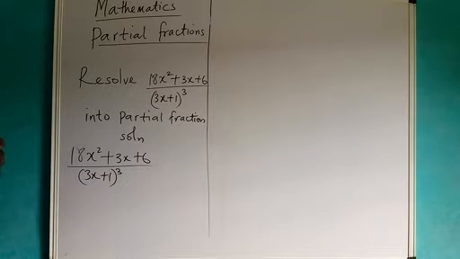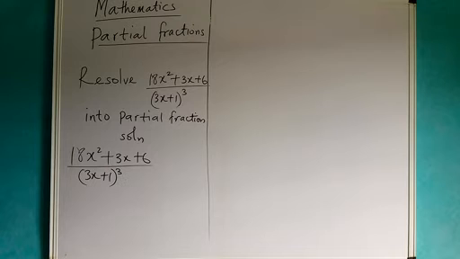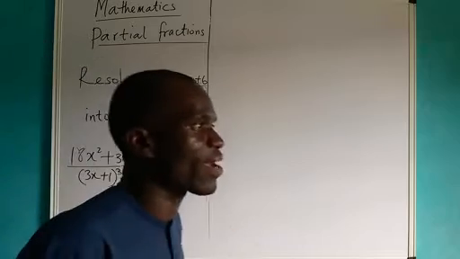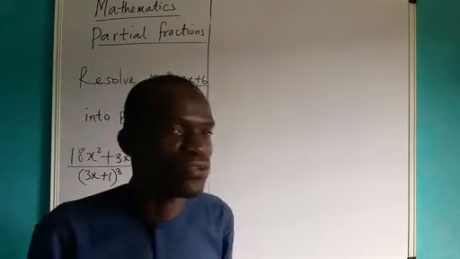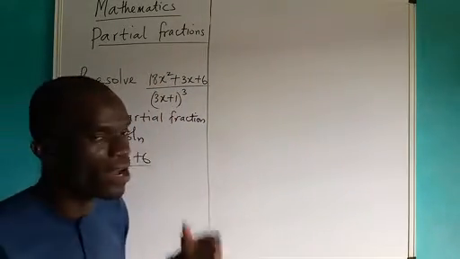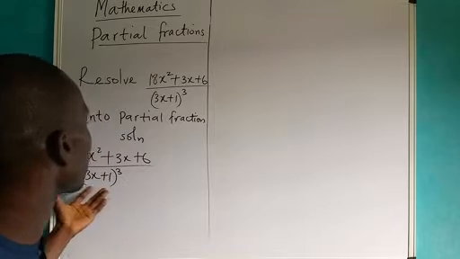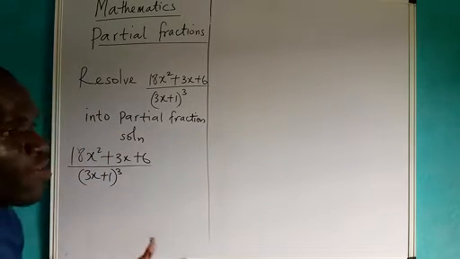Now, how can we solve this? Remember, I have given you the rules of partial fraction. If you have forgotten, I advise you to go back to the other class I've done on partial fraction. The method I'm applying here is repeated linear factors.